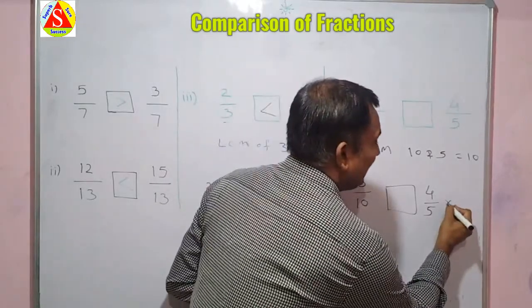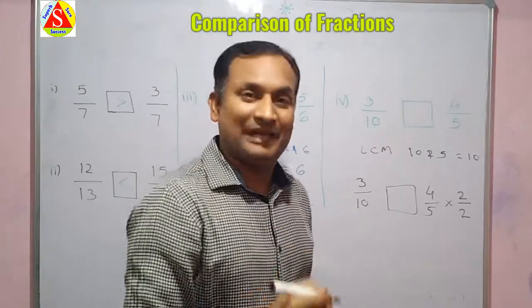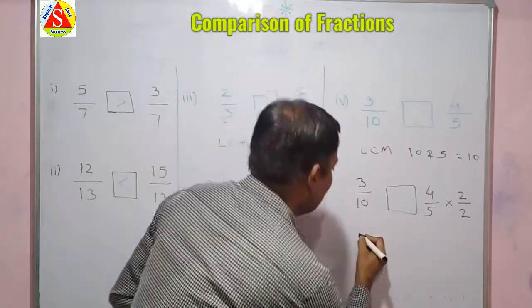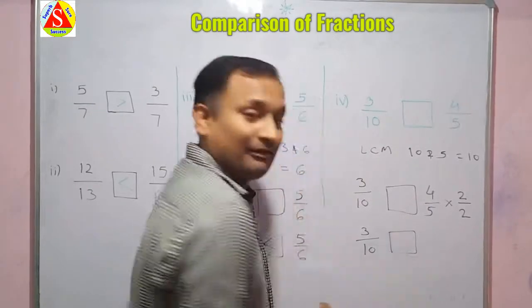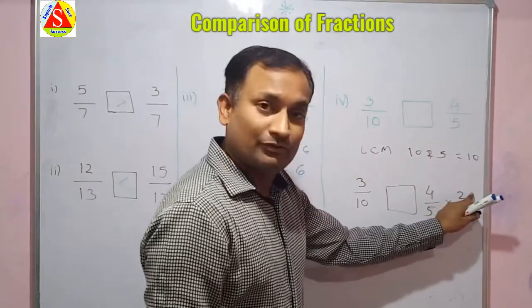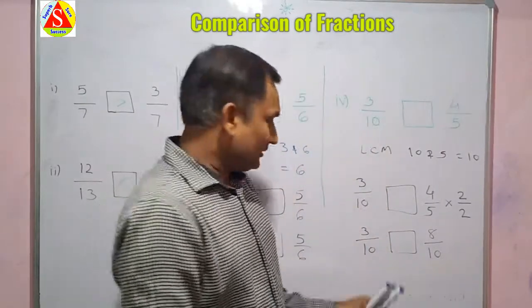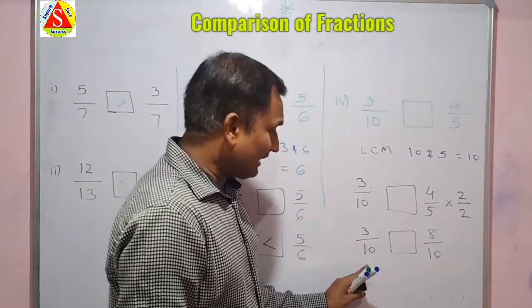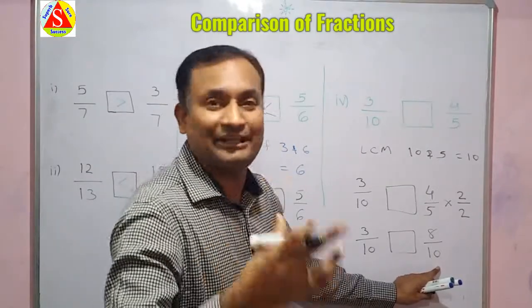It means we have to multiply this fraction by 2 by 2. Let's multiply it. Finally 4 twos are 8, so 8 by 10.